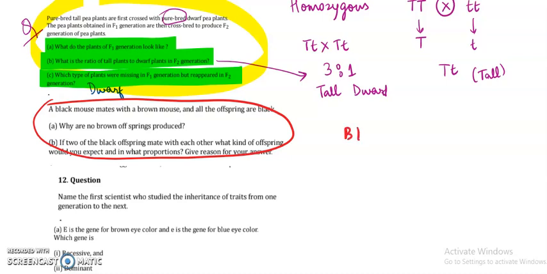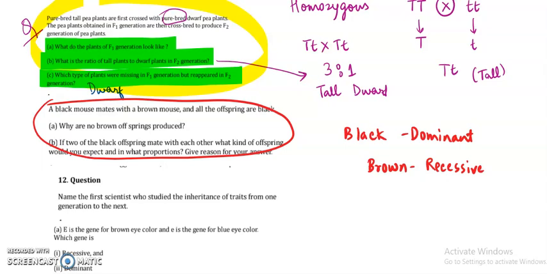So black color here is the dominant phenotype. You should write these things in your answer. And brown is going to be your recessive phenotype, because of which it has not appeared in the F1 generation, because it requires homozygous expression for its expressing.